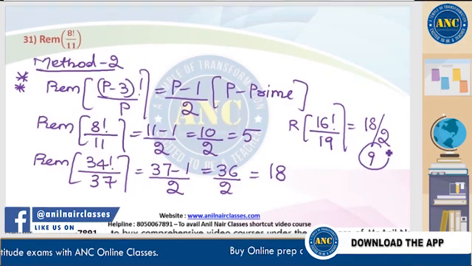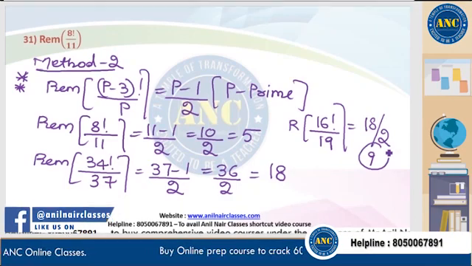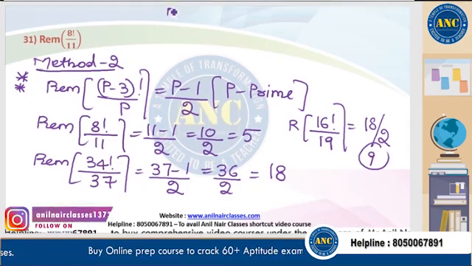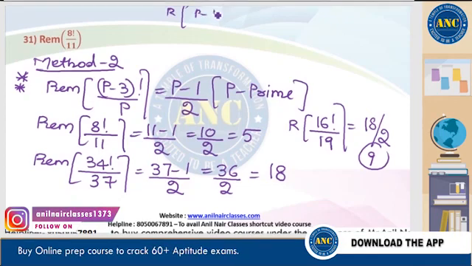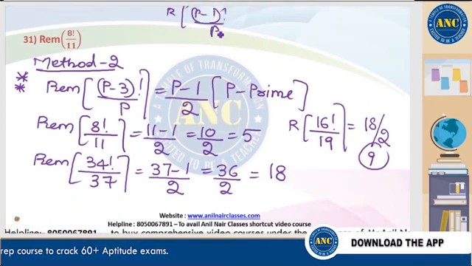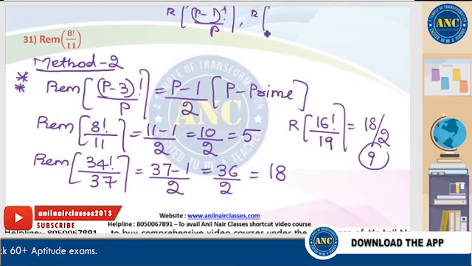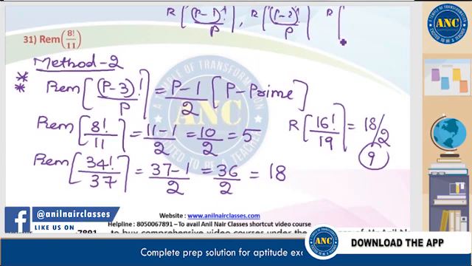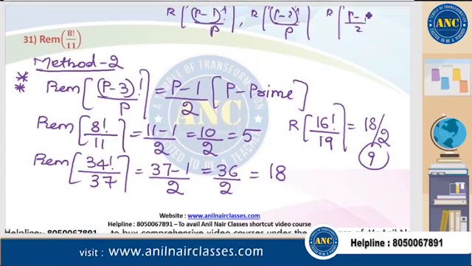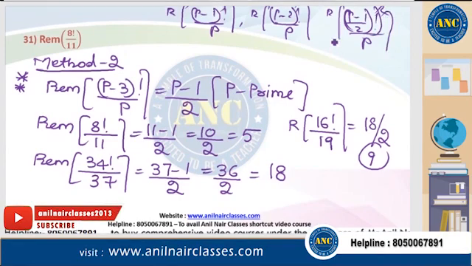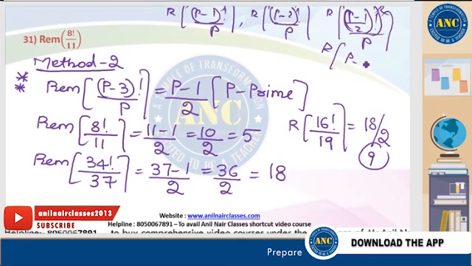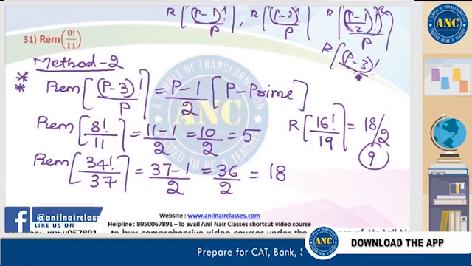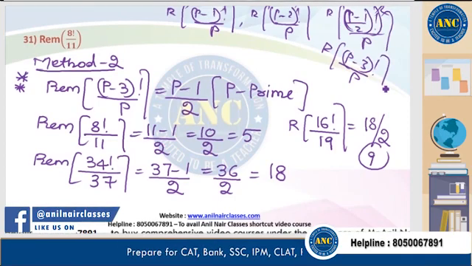Idea clear, right? So we did (P minus 1) factorial by P. We did problems based on (P minus 2) factorial by P. We did problems based on ((P minus 1) by 2 factorial) whole square divided by P. Now we have done (P minus 3) factorial divided by P. Crystal clear clarity.